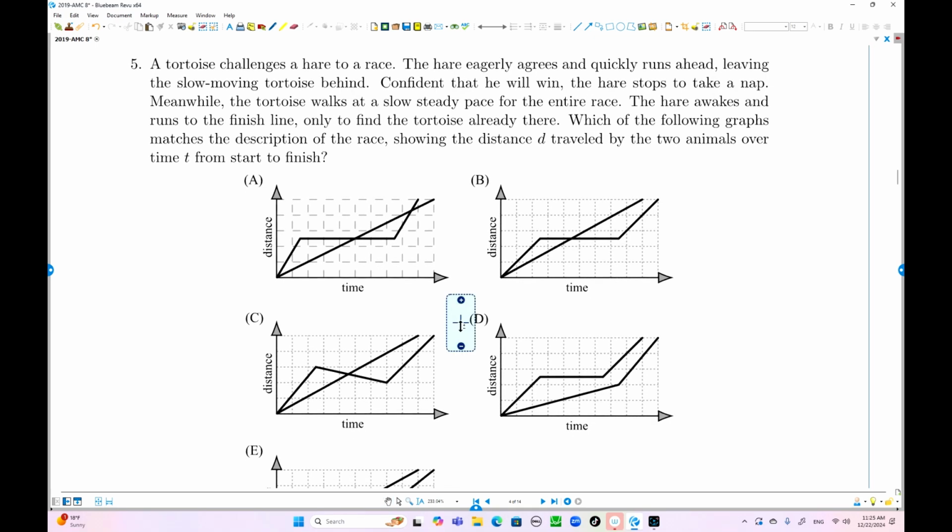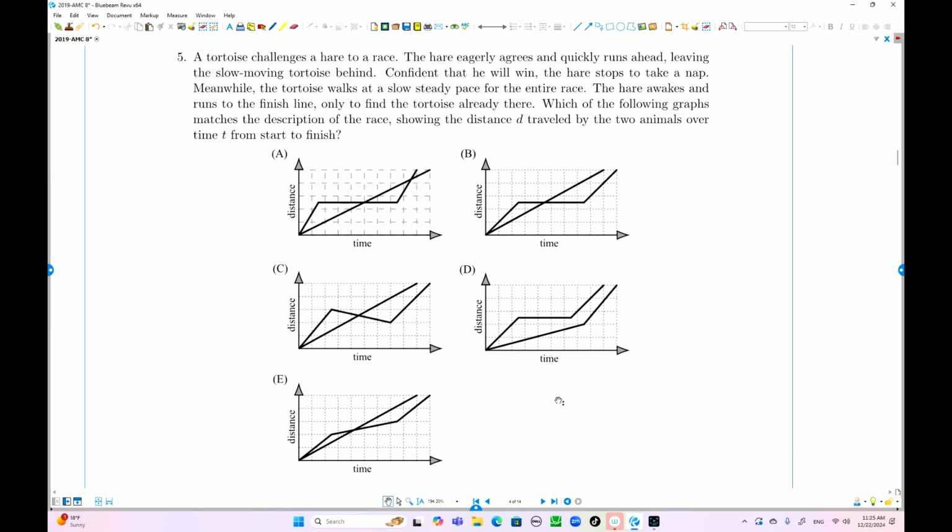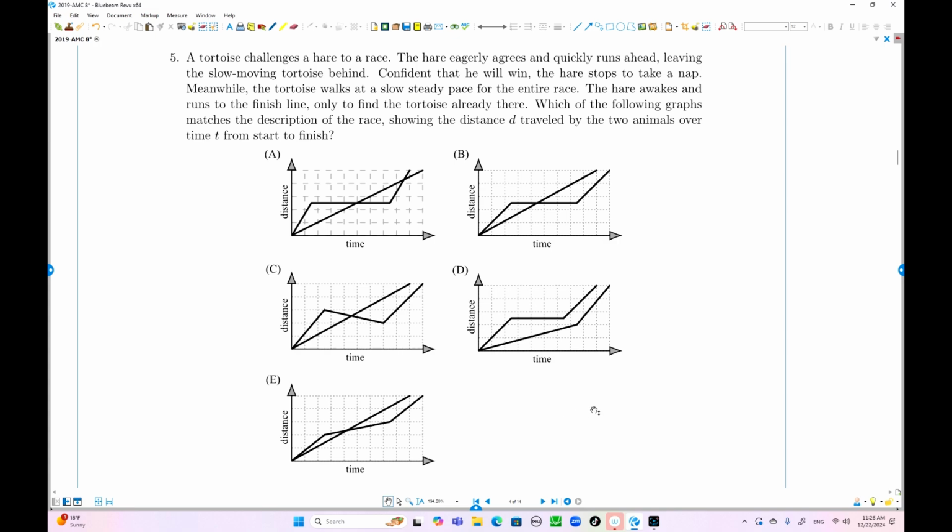Oops, one more. Okay. So you can read. This is the story, right? It's familiar to you, right? The tortoise and the hare, right? Rabbit. Okay. So you can read over here. In the middle, the rabbit runs quickly.